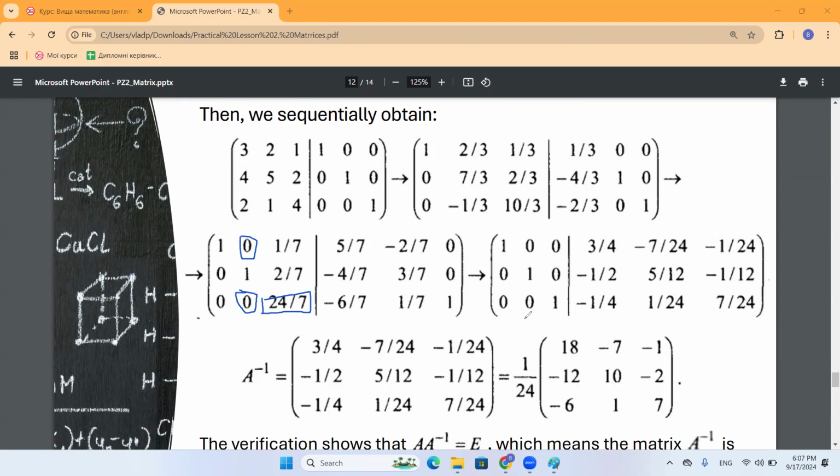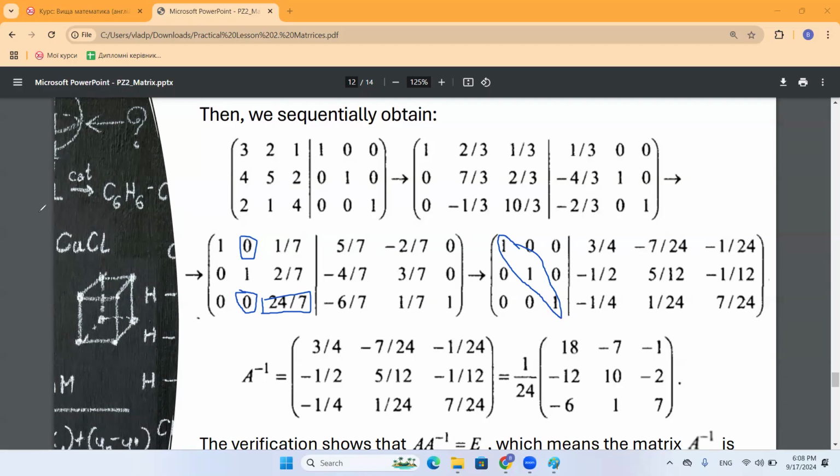I was not looking for such an example. Then we subtract from this, multiplying by the respective coefficients, and we obtain the identity matrix, and this matrix is the inverse one.